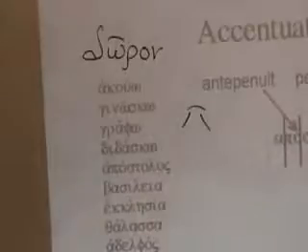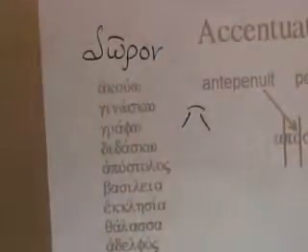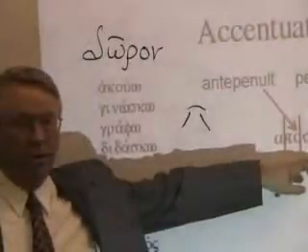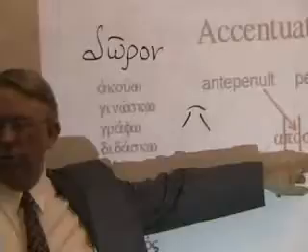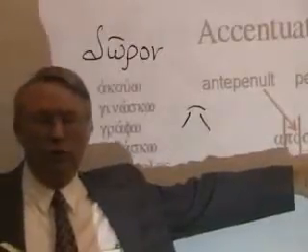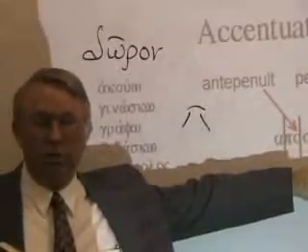So circumflex only happens in the last 2 syllables. It has to be on the ultima or the penult. It has to be a long syllable. It has to be on a long syllable, and it has to be on one of the last two syllables. And it will only be on the penult, this one here, if in fact the ultima is short.